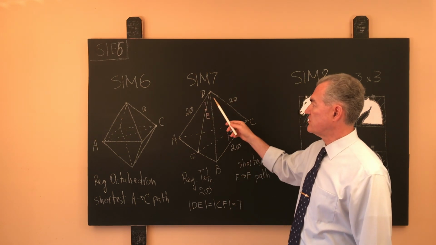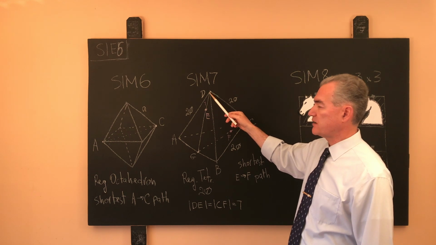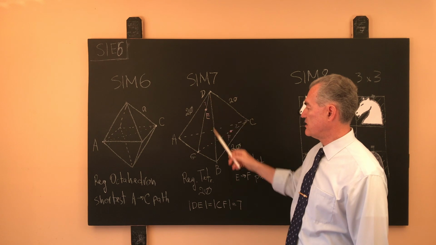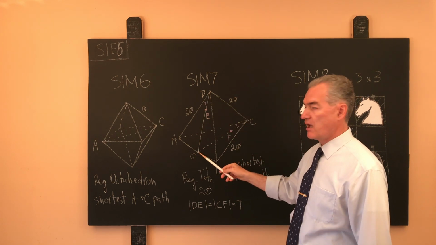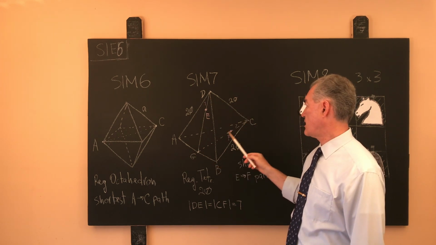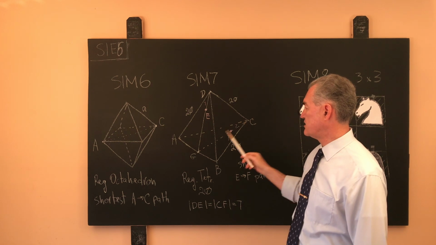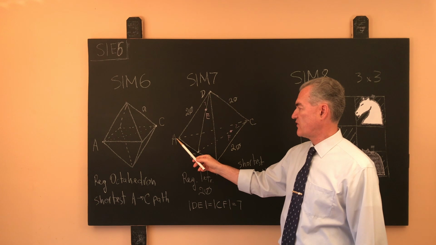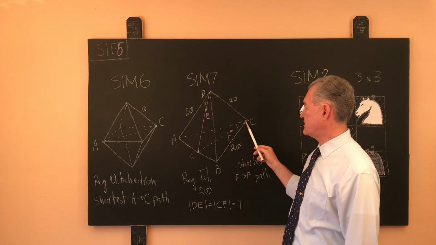We're also given the median and the height DG of the face ADB right here, and we're given a height CG or the median CG of the face ABC.